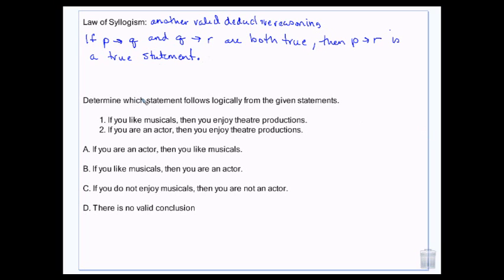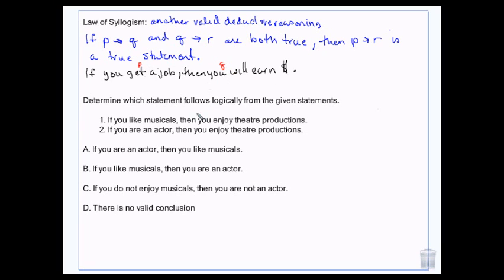Okay, and I'm going to give you an example. If you get a job, then you will earn money.